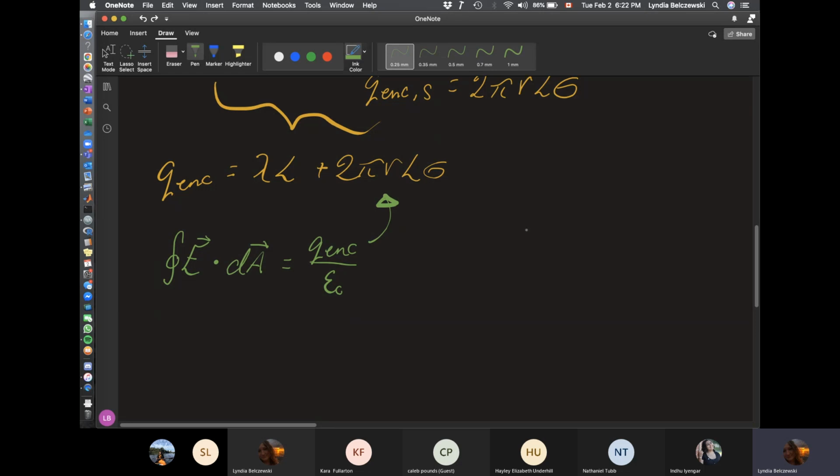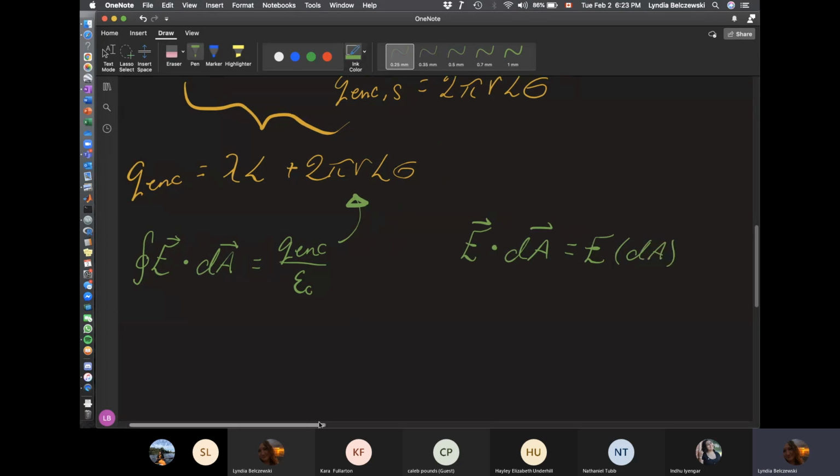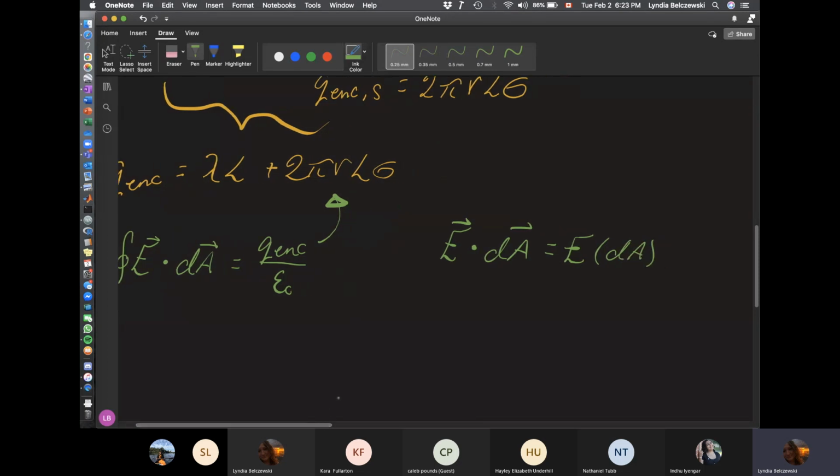The reason is that we have the electric field dotted with a part of the area, and using the definition of a dot product, forgetting about the integral for a minute, that's equal to the magnitude of E times the magnitude of dA, which I'm putting in brackets just to remind you it's one variable, times cosine of the angle between those.